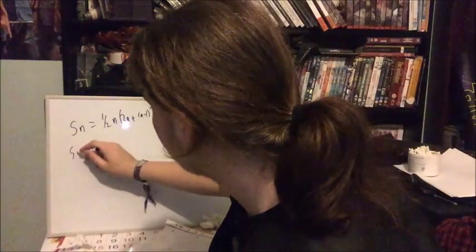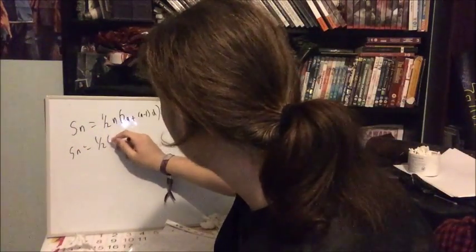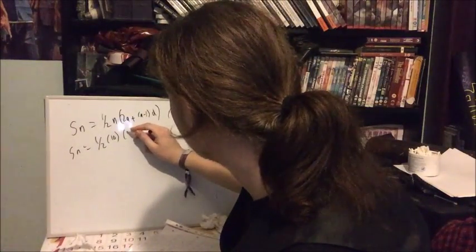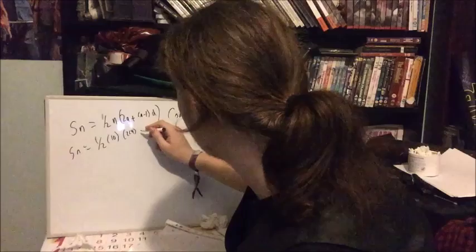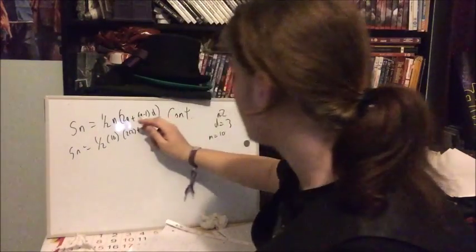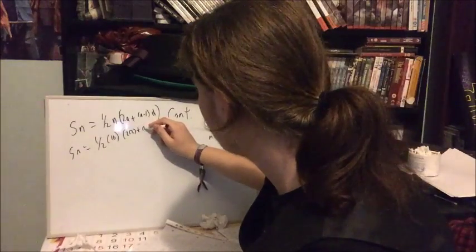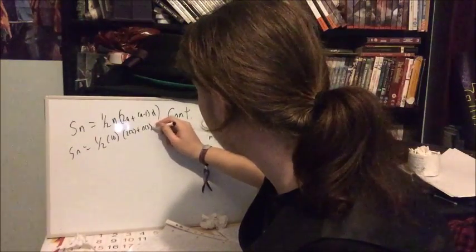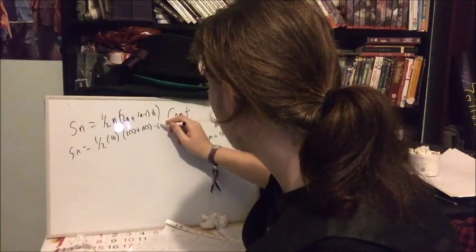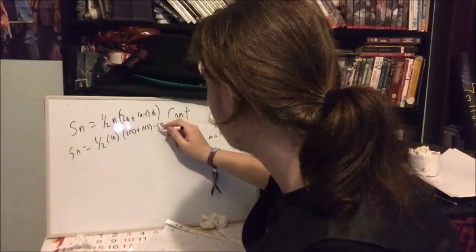So Sn equals half times 10 times 2a, which is 2 times 2, plus n minus 1 times 3.